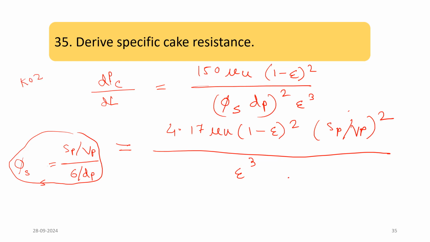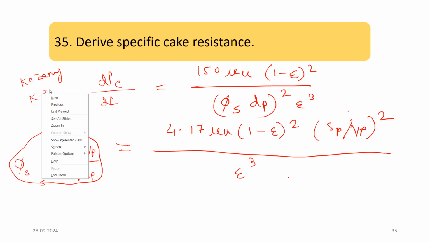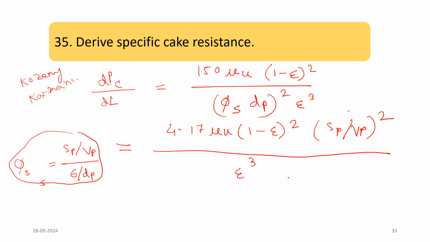So now what is u? U is the linear velocity, I have said, right? So you can write it as dV dt by A. That means volumetric flow rate per unit area. V is the volume of the filtrate, A is the cross-sectional area of the filter medium, and L is the cake thickness, right?